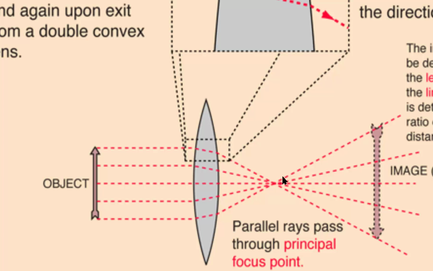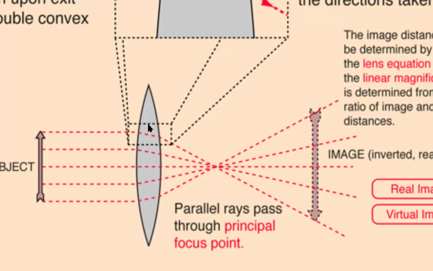Now, straight after that, you're going to see that the rays will carry on, and we're going to get an image of our object, and this is an example of a real image. Anytime we have a real image, you can kind of think of it as coming after the lens.